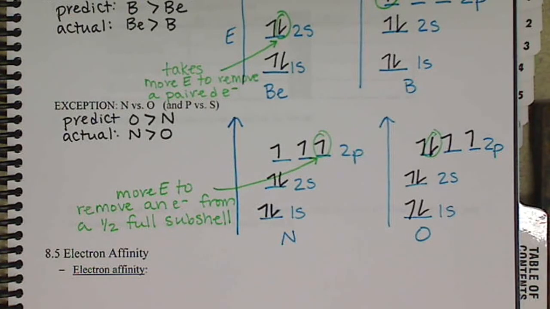So although electrons like to be paired up, it's more energetically favorable to have every available orbital just have one electron. So those are our 2 exceptions for our first ionization energy.